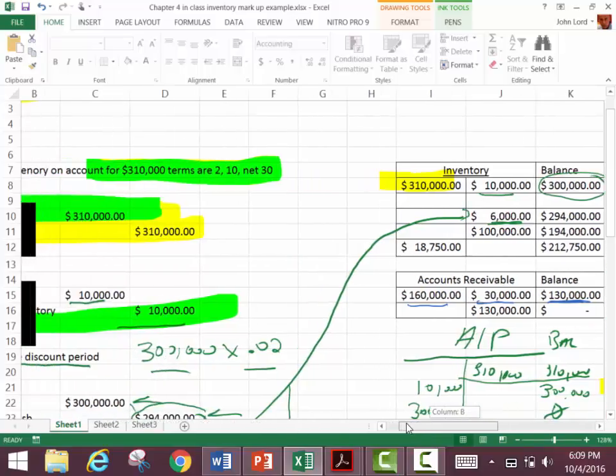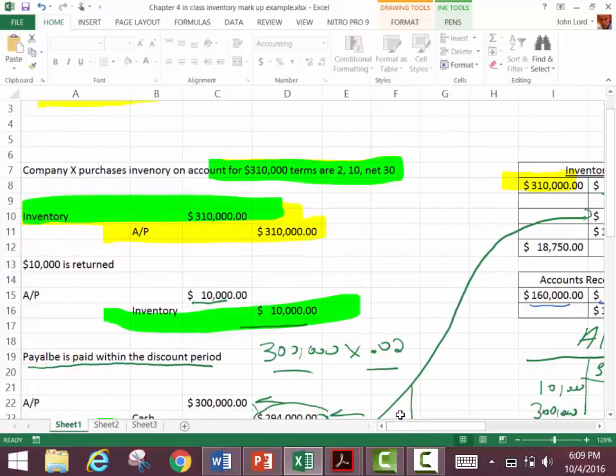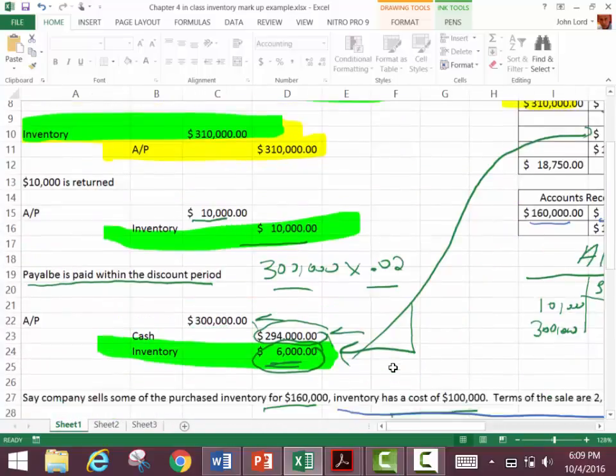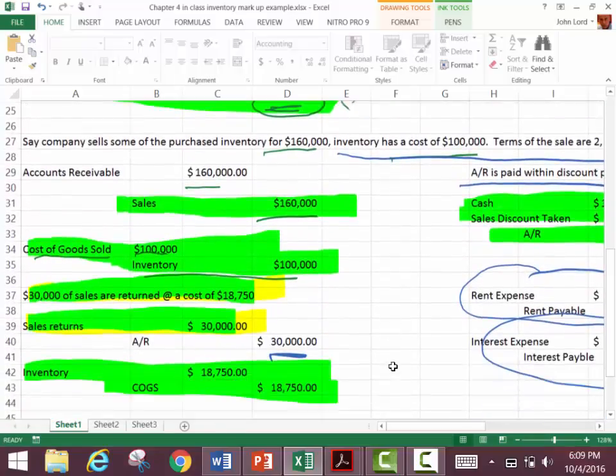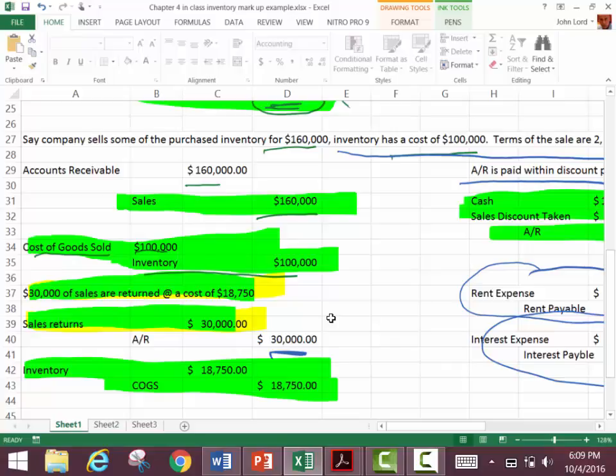Now you come over and take a look. We gave the terms 2/10, net 30, but before we get to that, they return some goods that we sold. When that happens, they return $30,000, and the inventory that they return, we sold it for $30,000, but it cost us $18,750.